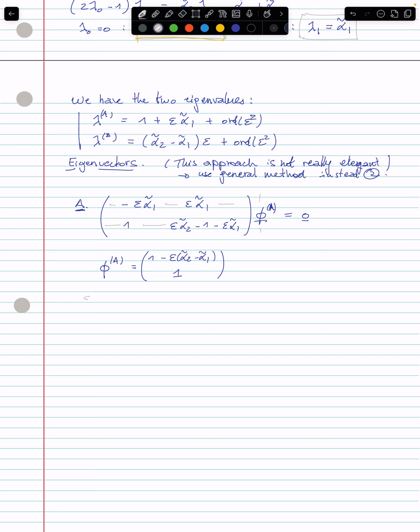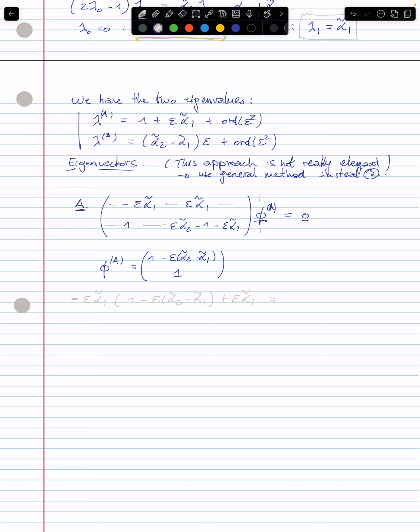That's epsilon alpha 1 tilde multiplied by 1 minus epsilon alpha 2 tilde minus alpha 1. There is a minus over here, plus epsilon alpha 1 tilde multiplied by 1.